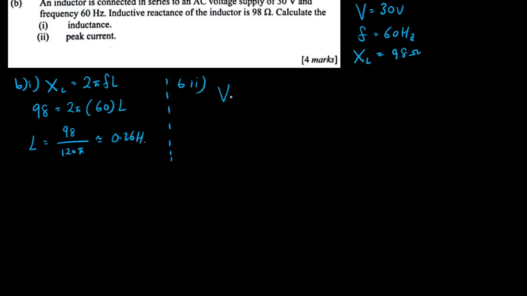So I know my V peak is going to be the square root of 2 multiplied by the VRMS, which is given here as 30 volts.